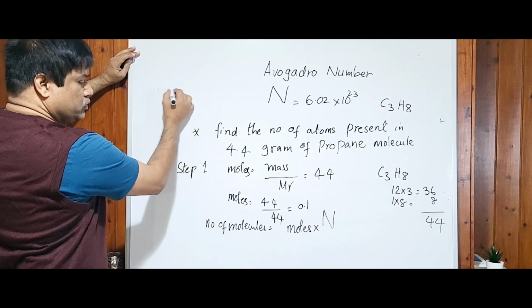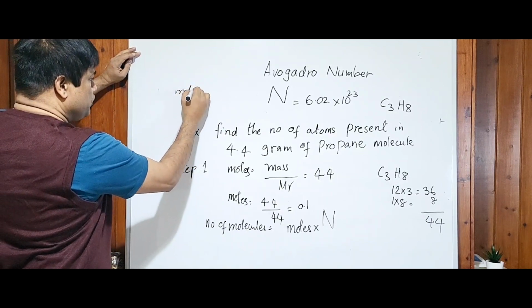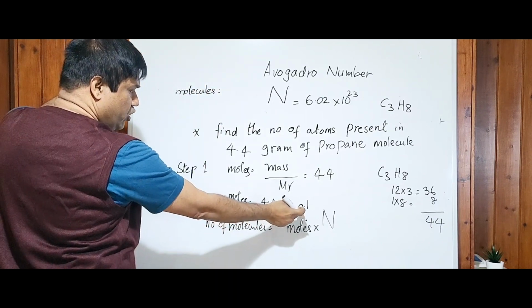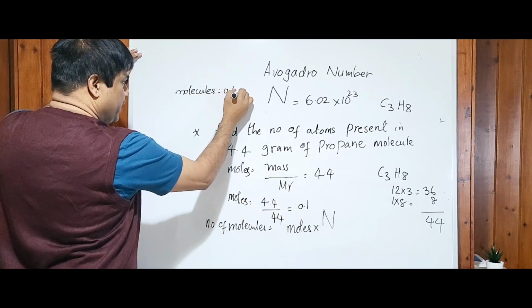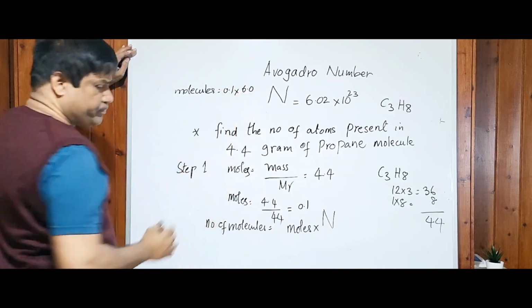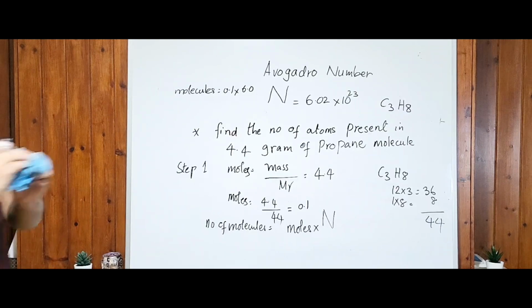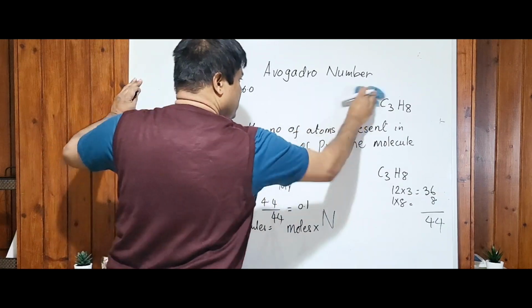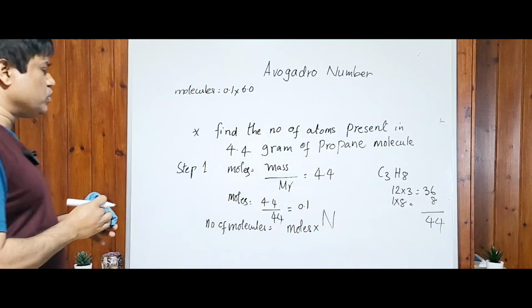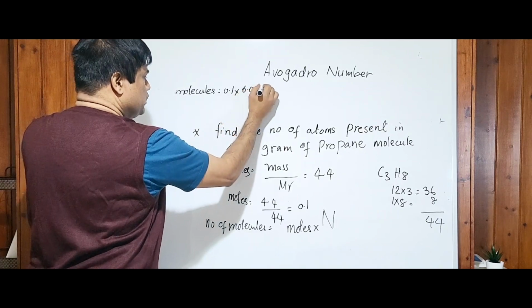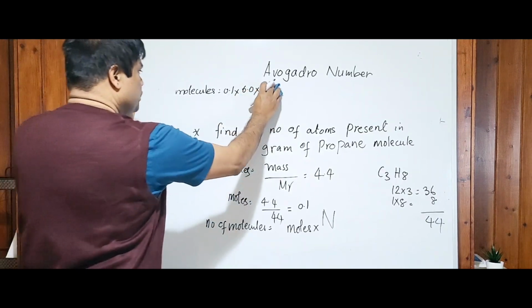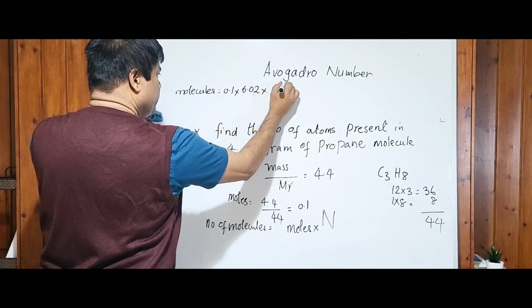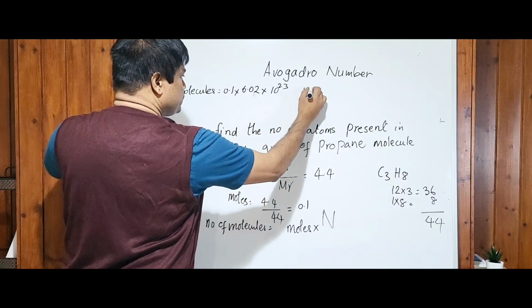So molecules equals how many moles did we get? 0.1. 0.1 times 6.02 into 10 to the power of 23 molecules.